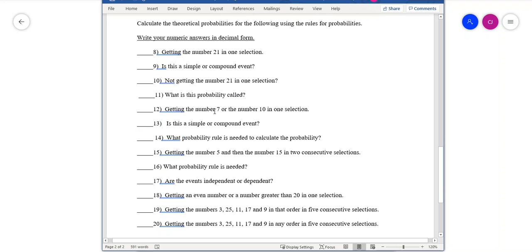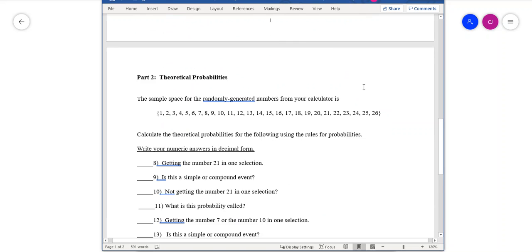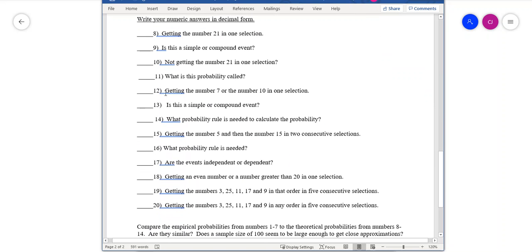Again, getting the number 7 or the number 10. We solved that up here. And there's a rule here. This says getting the number 7 or, and remember, "or" clues us into a certain type of theoretical probability formula.